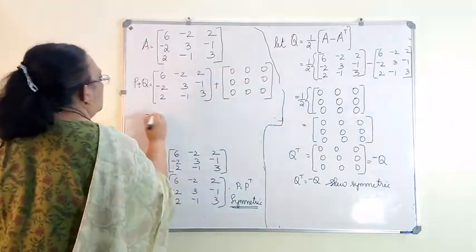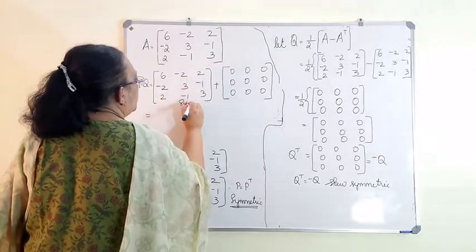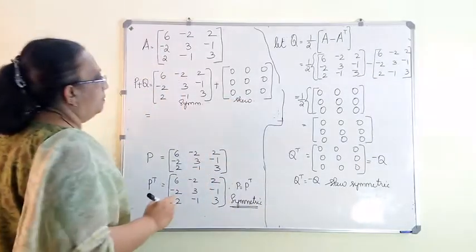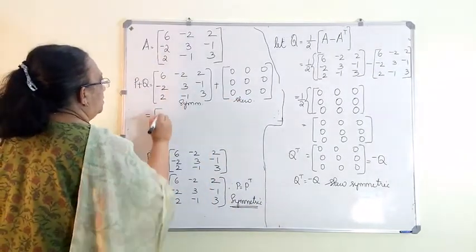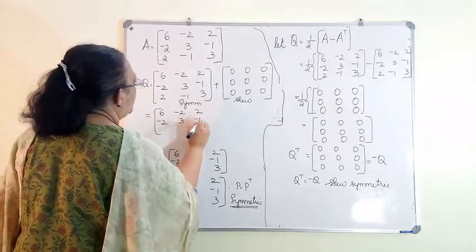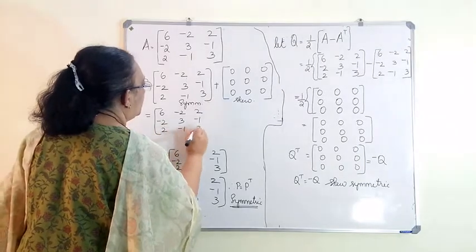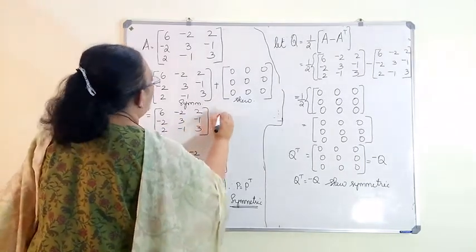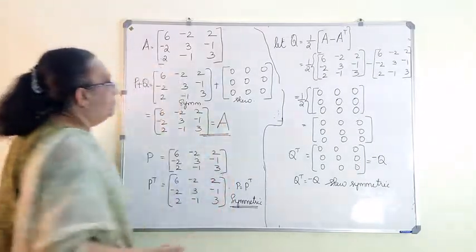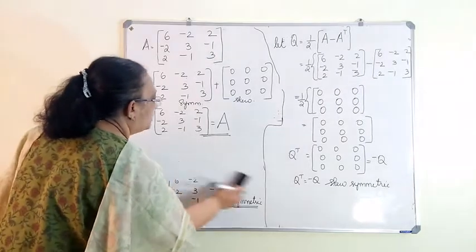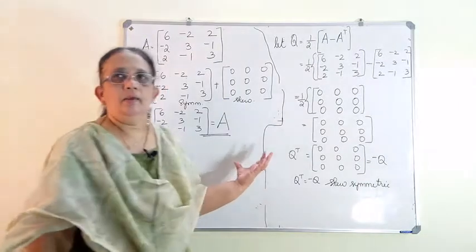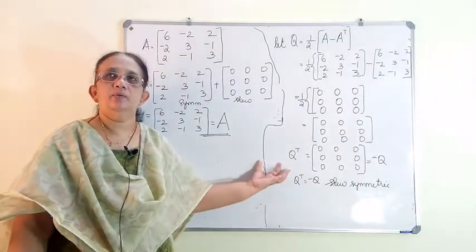And this is, of course, symmetric, and this is skew symmetric. 6 minus 2, 2, minus 2, 3, minus 1, 2, minus 1, 3. And this is nothing but your A matrix. So, A matrix is expressed as the sum of a symmetric and a skew symmetric matrix.